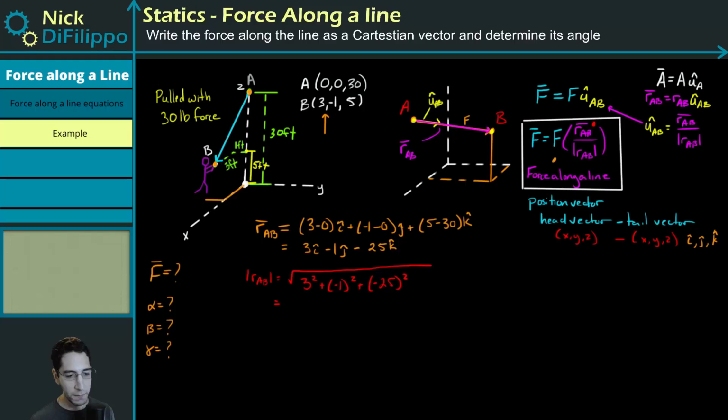So if I perform this operation, I have 3 squared plus minus 1 squared plus minus 25 squared. Take the square root of this, and I get 25.2. So this is equal to 25.2 pounds.